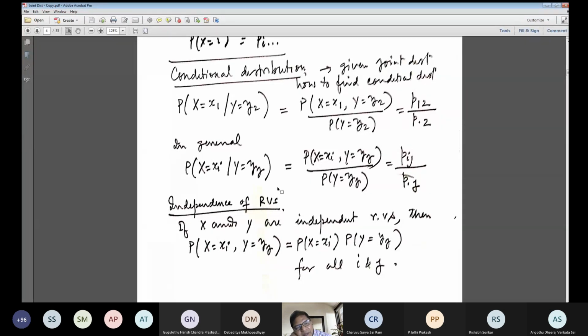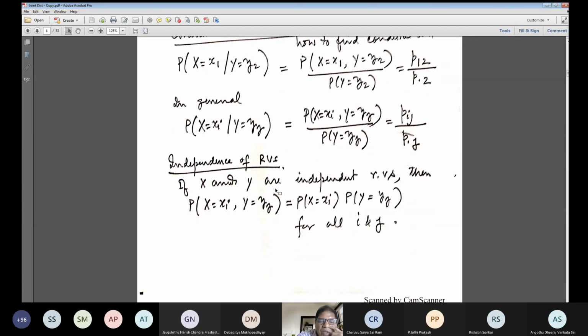If they are not independent, they are somehow dependent on each other. How much dependence there is, how much they are related, these questions will be answered. How to measure the relationship between these two random variables. So let us first discuss the condition for independence.